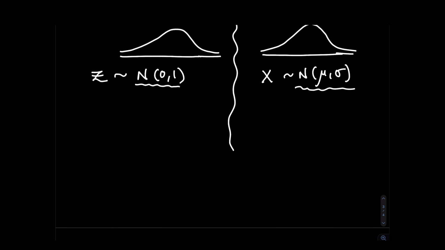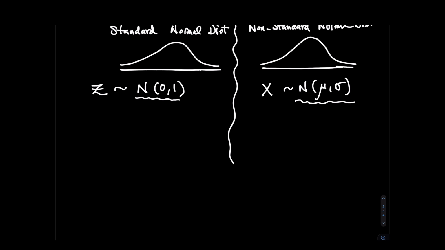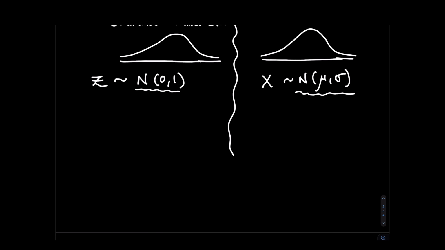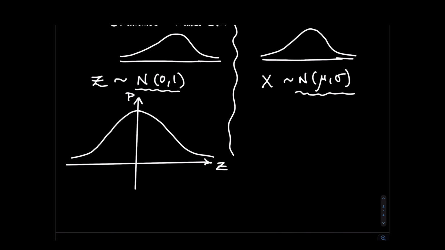Now, what does it mean to say that a standard normal distribution is Z approximated by an N(0,1) or distributed as an N(0,1)? It means if you draw the normal distribution in this scenario, your horizontal axis will be the z-axis, your vertical axis will be the probability axis, and here's how your normal distribution would look.